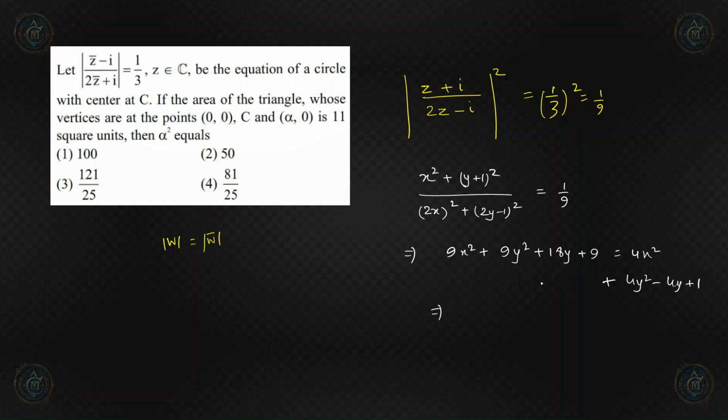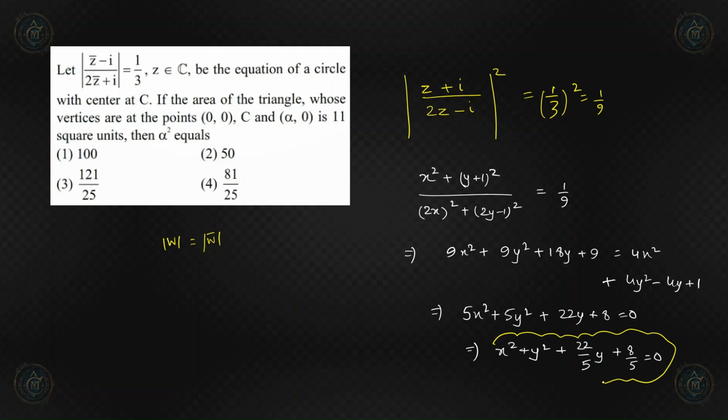If we take all the terms to one side, we get 5x square plus 5y square plus 22y plus 8 equal to 0. So we have x square plus y square plus 22 by 5 y plus 8 by 5 equal to 0. So this is the equation of this circle.